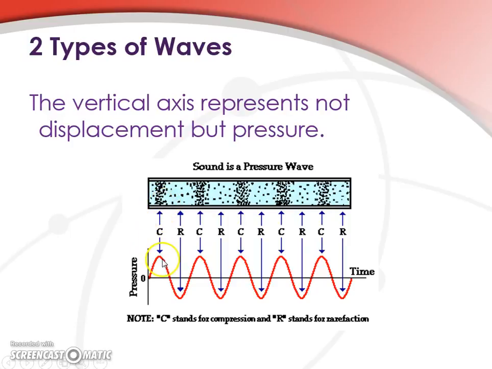Take our compression and make it high concentration or high pressure, and our rarefactions as low pressure. Then we wind up with this traditional kind of sine wave. And we've now reconciled our sound wave with our traditional view of what a wave looks like.